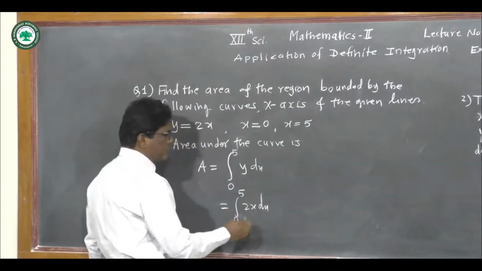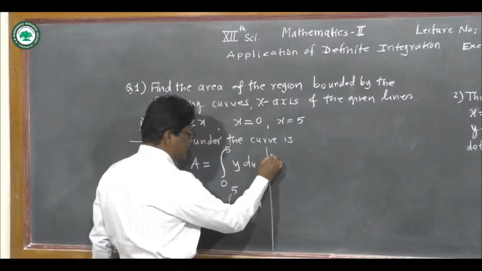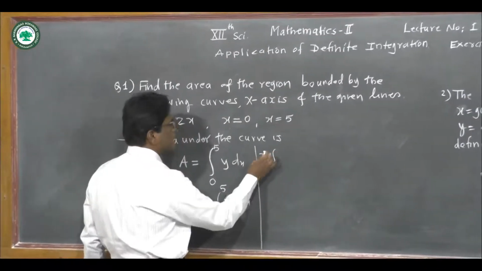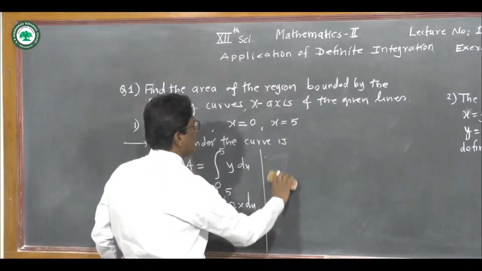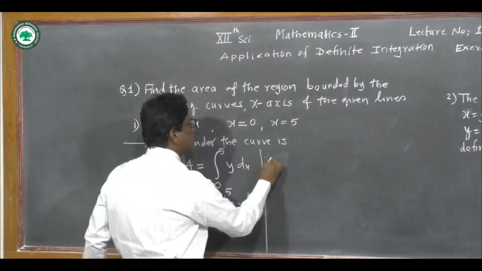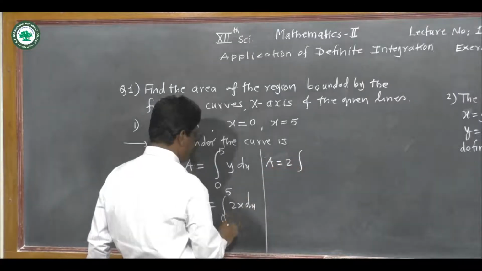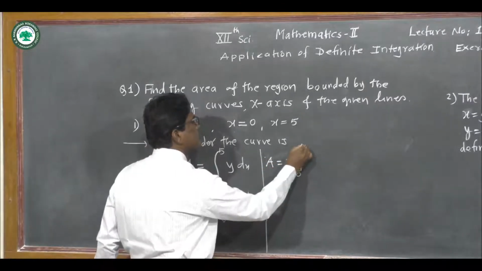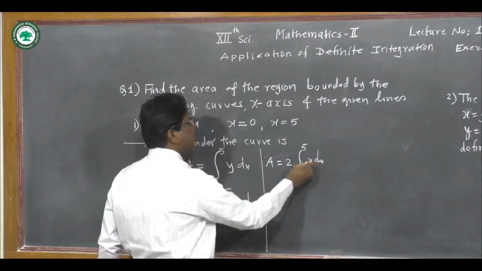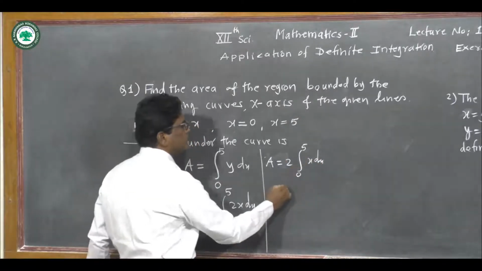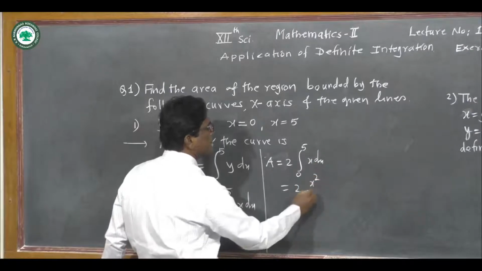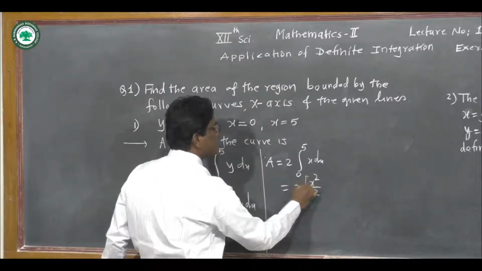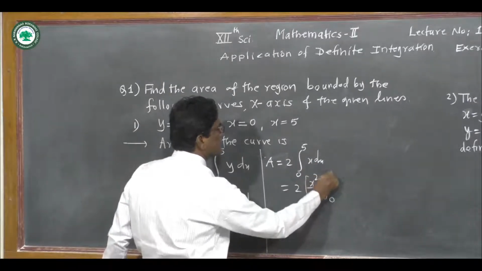So now take this constant outside the integral. So required area A is equal to 2 into integration from 0 to 5 x dx. Now take the integration. So this is equal to 2 times, integration of x is x to the power 1 plus 1, that is 2, divided by the same number 2, from 0 to 5.